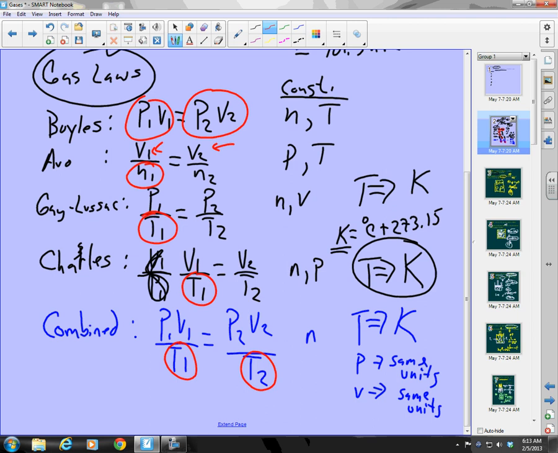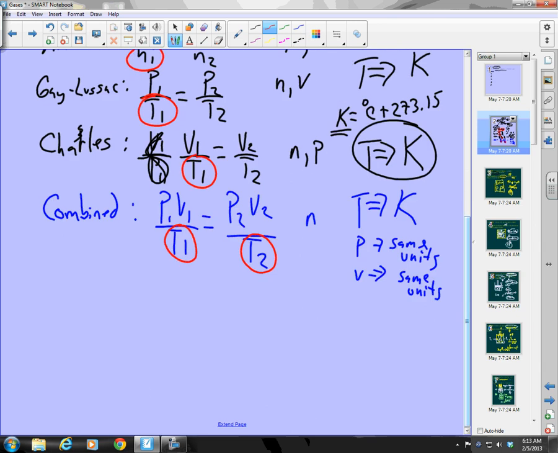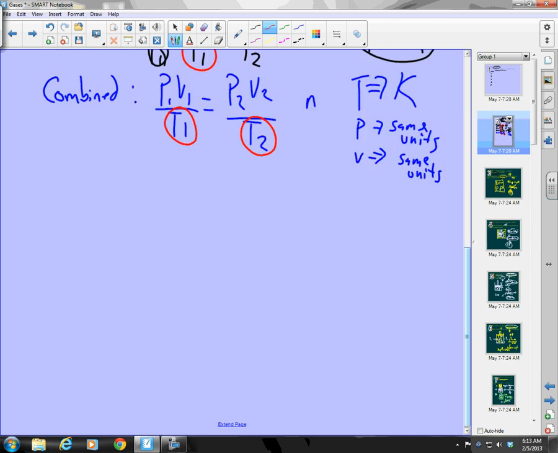Okay, good. Now there's one other law that we want to learn, and it's probably the most important, and it is what we call the ideal gas law. You'll use this for a long time, and it is PV equals nRT. Now notice it's not P1V1.